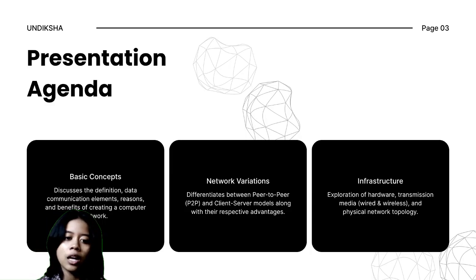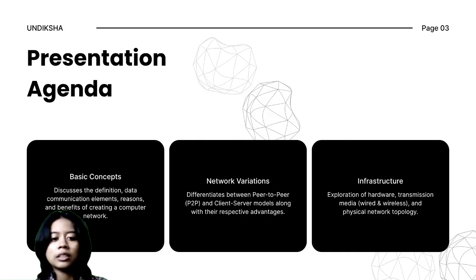The second one, we will analyze network variation, distinguishing between peer-to-peer and client-server systems, along with their distinct operational differences. The third one, we will inspect the underlying infrastructure, looking at physical hardware, transmission media, and architectural topologies.